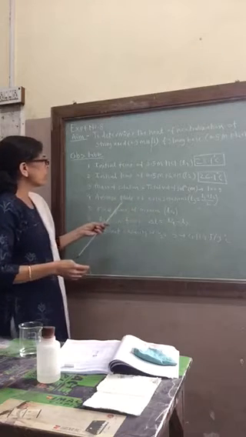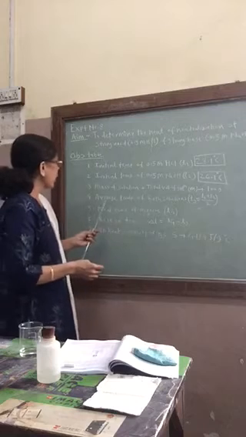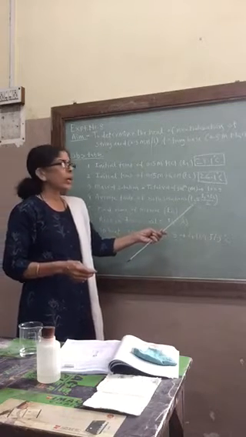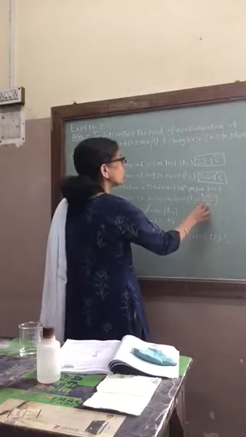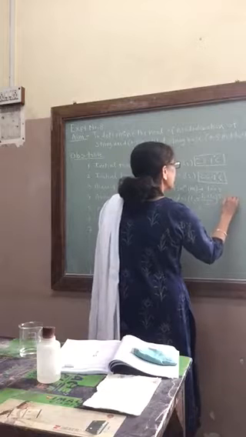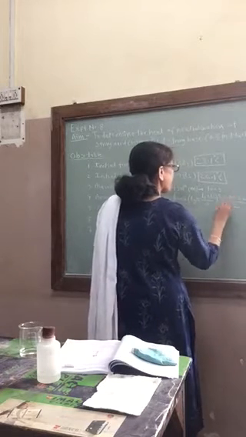Okay. Mass of solution is equal to total volume of solution, which is equal to 100 grams. Then the average temperature of both the solutions, that is T3, is equal to T1 plus T2 upon 2. So what is T1? 28.1 plus 26.1 upon 2.